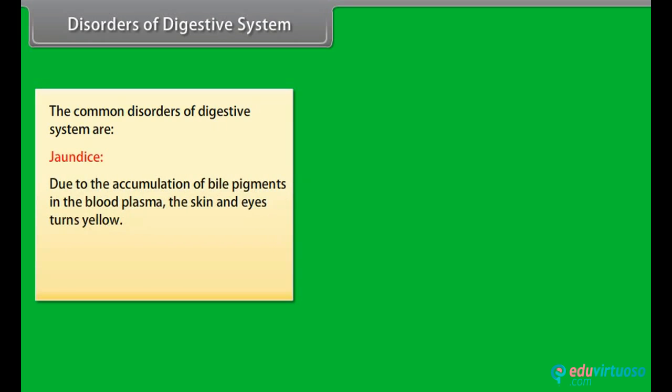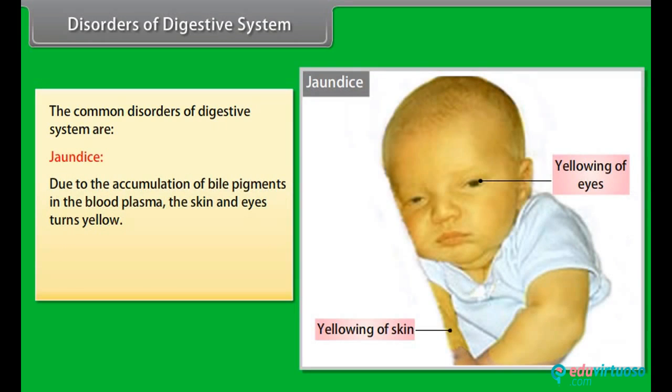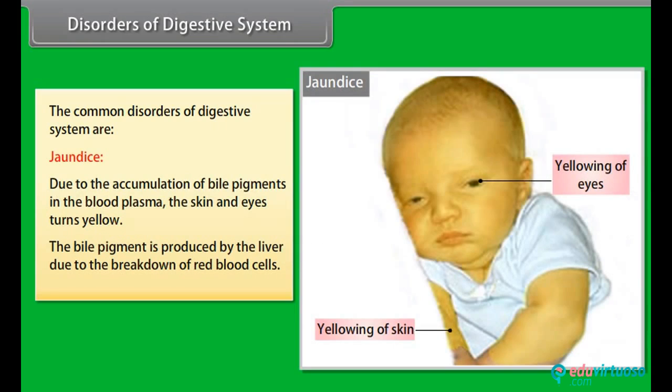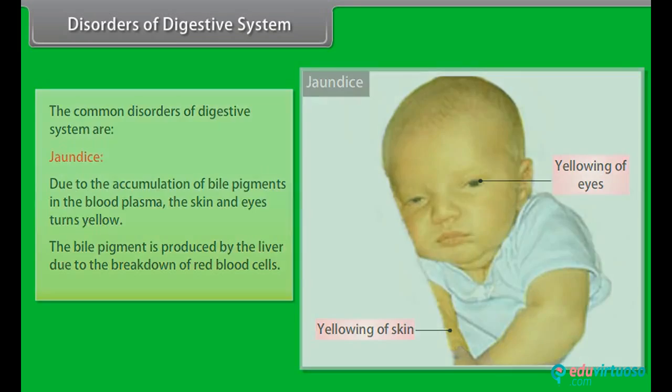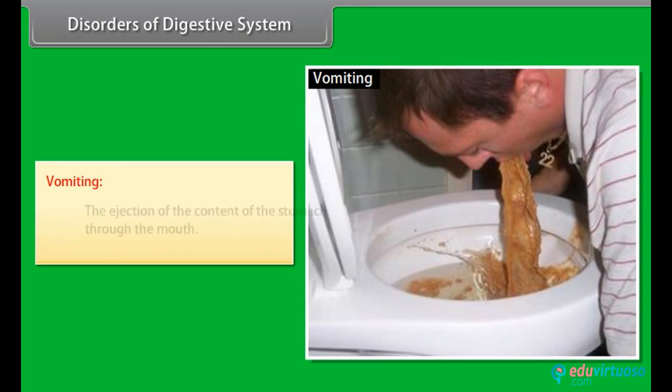Disorders of the digestive system. The common disorders of the digestive system are jaundice, in which, due to the accumulation of bile pigments in the blood plasma, the skin and eyes turn yellow. The bile pigment is produced by the liver due to the breakdown of red blood cells. Vomiting, the ejection of the contents of the stomach through the mouth.